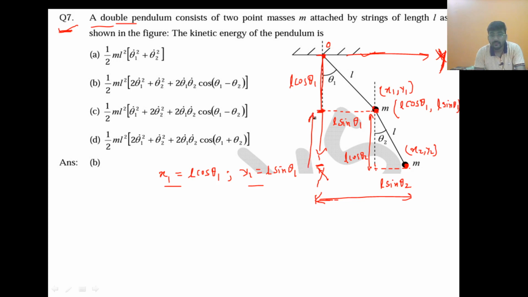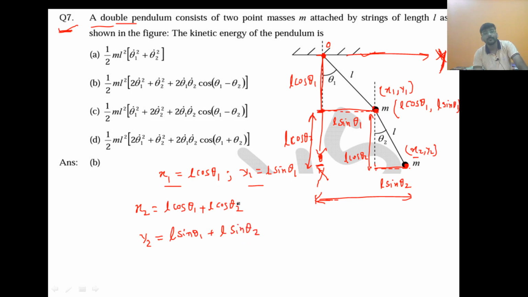So the total distance from this point to this point is L cos theta 1 plus L cos theta 2. So x2 will be L cos theta 1 plus L cos theta 2, whereas y2 will be L sin theta 1 plus L sin theta 2.